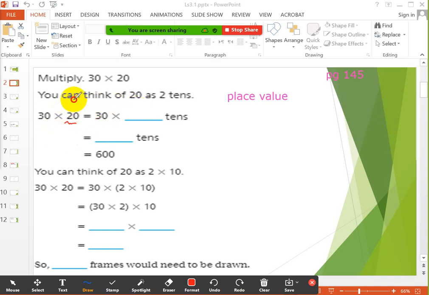According to the tens digit, I have 2 in the tens digit. That means the value of this number is 2 tenths. Okay? So now can I multiply 30 with 2? Very easy, I think, right?